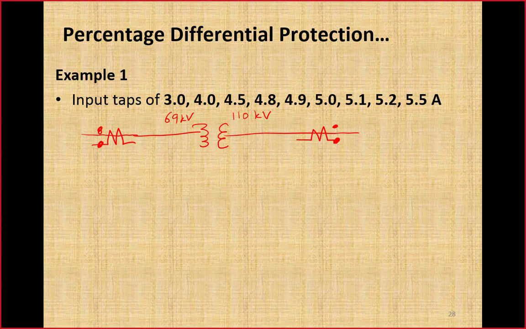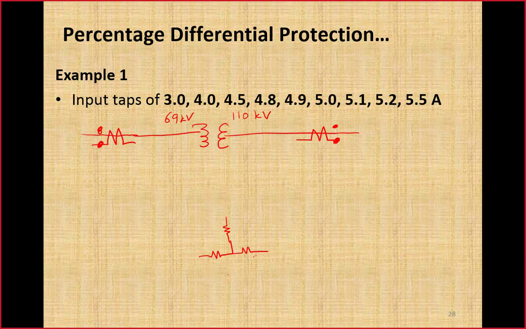Now the percentage differential relay will look like this one: an operating coil and restraining coils. So this is a percentage differential relay. These two are restraining coils. Now this relay is equipped with auxiliary CTs on both sides, and those CTs have these taps.